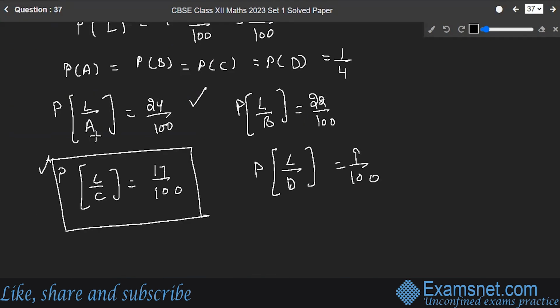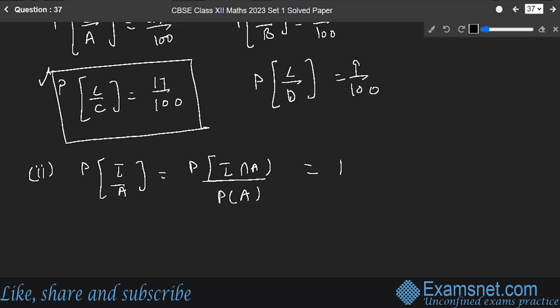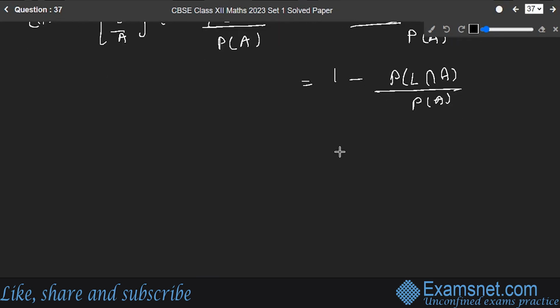Sorry, this is P(L dash). I missed that. So let's solve the B part. Probability of L dash upon A is equal to probability of L dash intersection A upon probability of A. Now this is given by probability of A minus probability of L intersection A, divided by probability of A. This can be written as 1 minus P(L intersection A) upon P(A), which is nothing but 1 minus P(L upon A).